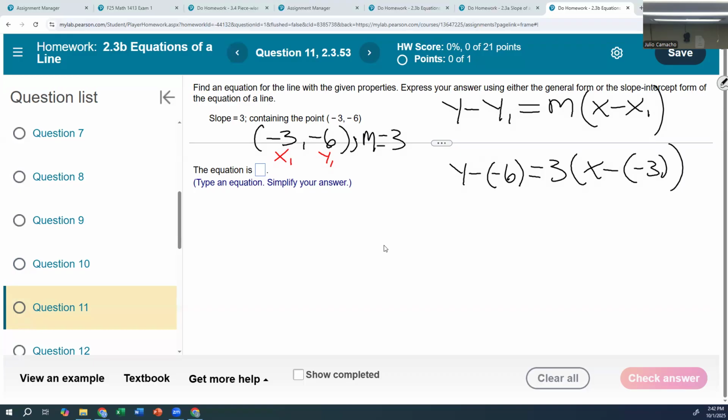If we clean up this equation, negative and negative is a positive, so it will be y plus 6 is equal to 3 times x plus 3. That is the equation that they're asking for, in point-slope form.